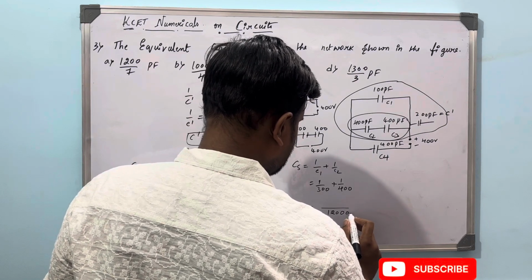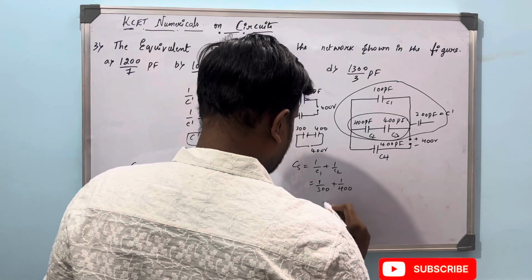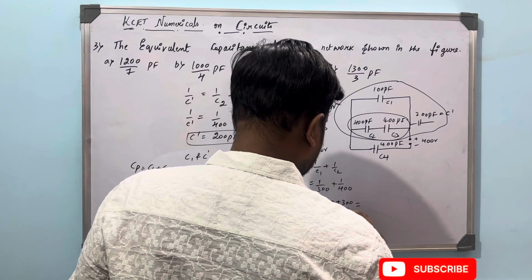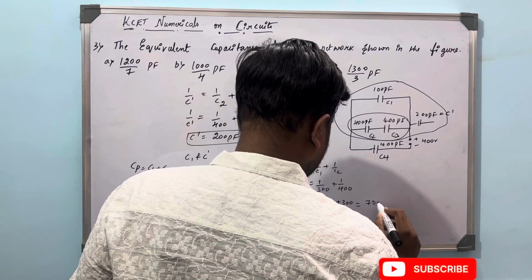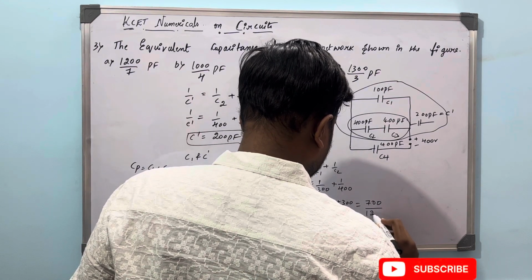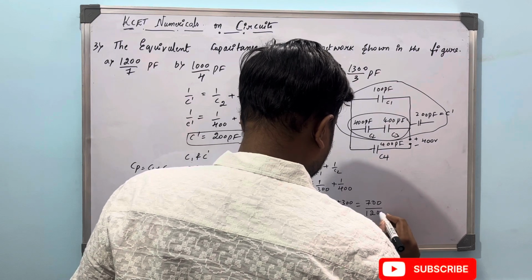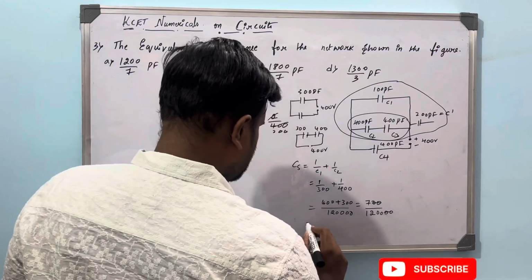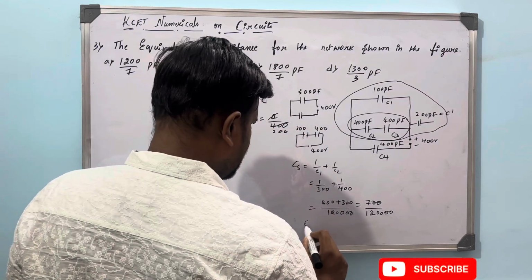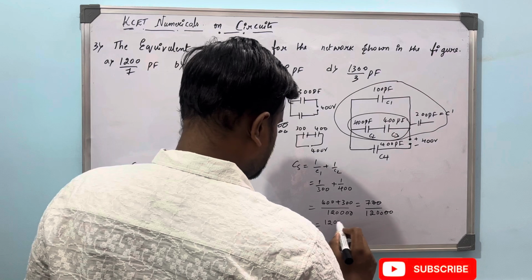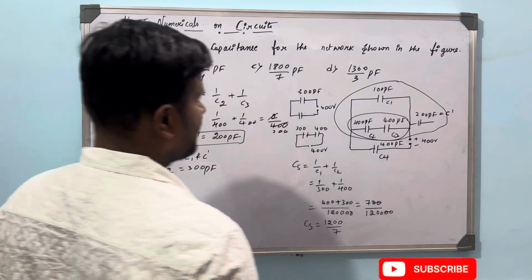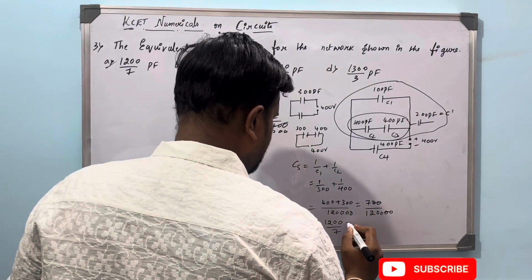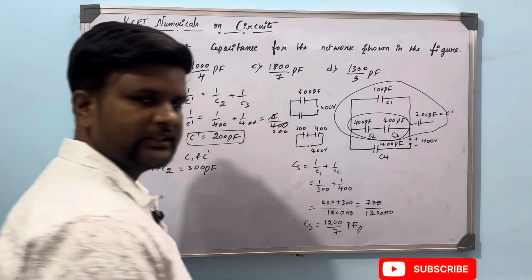Now cross multiply, 400 plus 300, so you will get 700 divided by 12,000. Here two zeros get cancelled. If you take a reciprocal, CS is equal to 1200 divided by 7. So the answer is 1200 divided by 7 picofarad. Okay, so this is the required solution.